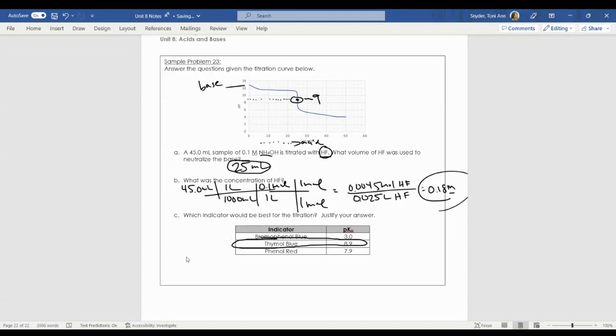And that makes sense. So we'll say that thymol blue changes color closest to the pH of the equivalence point.